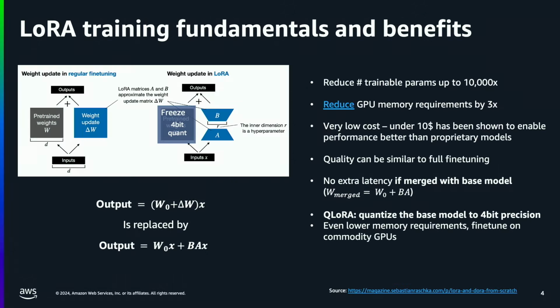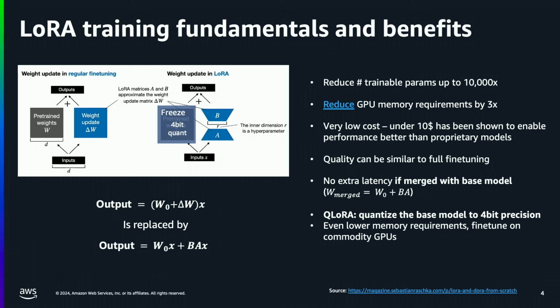Low rank adaptation, or LoRA in short, is a type of parameter-efficient fine-tuning approach. LoRA freezes the pre-trained model weights and injects trainable rank decomposition matrices into each layer of the transformer architecture, greatly reducing the number of trainable parameters for the downstream tasks.